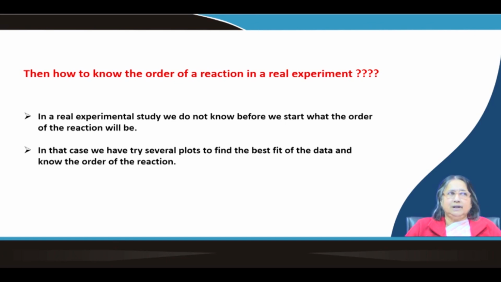After that we have to try different plots, the 0 order plot, first order plot, second order plot. Depending on which one is the best fit, according to that you can tell that this reaction has this order. This way we have to determine it.